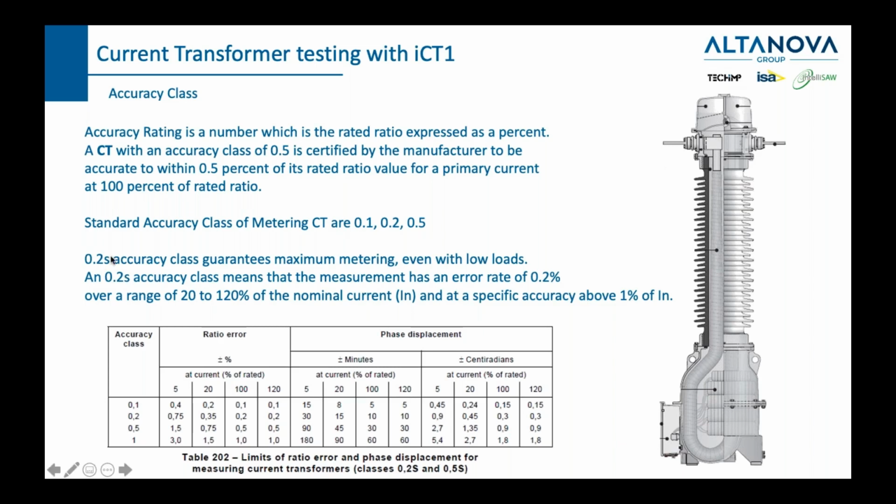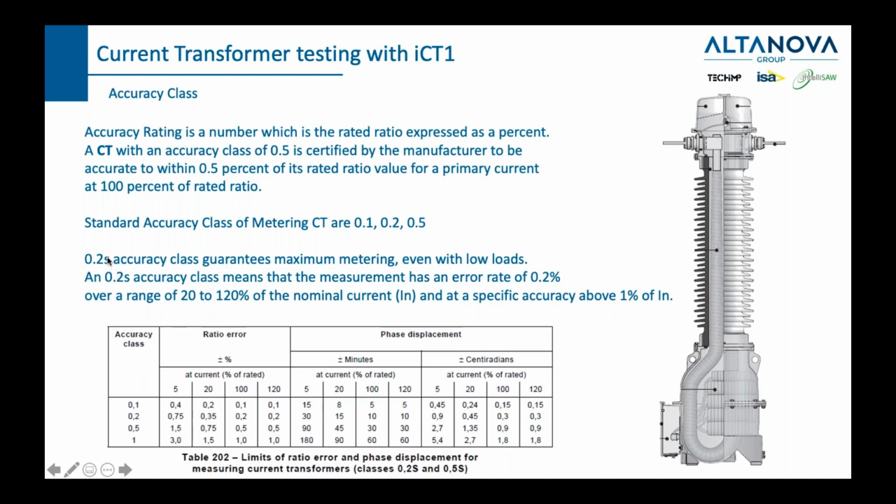And there is also the so-called S accuracy class. Just to let you know what the S is, the S class guarantees maximum metering even for low loads. You can see, for example, if we have the standard 0.5% accuracy class, which is mentioned here, for 100% of current, we need to have 0.5% accuracy. But for 5%, the accuracy can be 3 times lower, 1.5%.